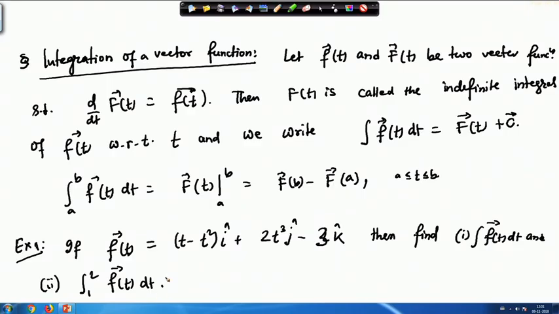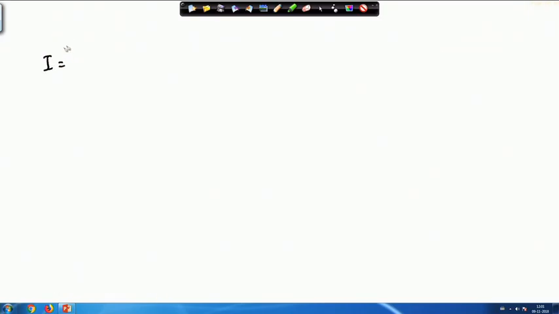All right. So let us solve the indefinite integral first.